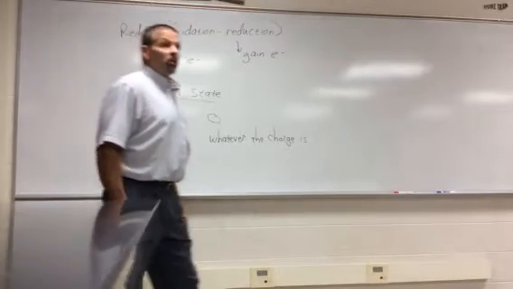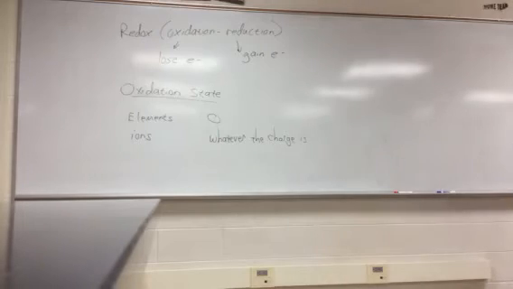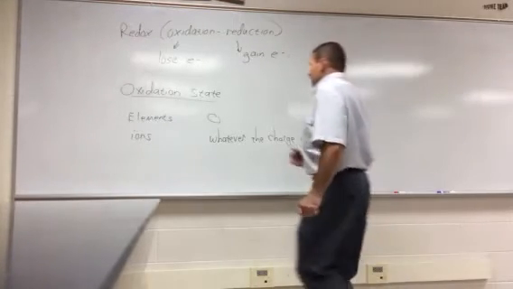So, but where it gets a little bit more confusing is, what if you have a polyatomic ion, or what if you have a compound that's a group of elements together? Okay, then you got to try to sort out what oxidation state each item has. And the good news is we get a lot of mileage out of 2 simple facts.